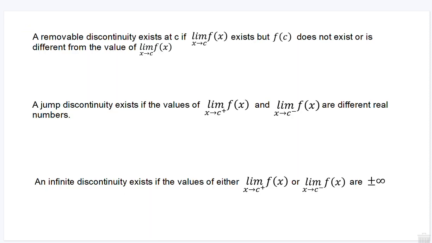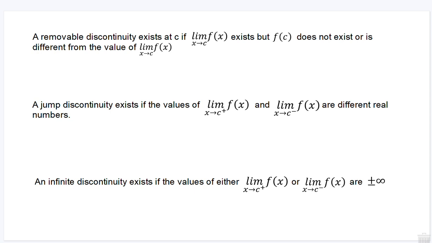So this is what I've got written down here. Same idea of what we just talked about. A removable discontinuity exists. Those are the two on the right that we had. It exists at c if the limit as x approaches c of f of x exists, but either f of c does not exist or is different from that value of the limit. And we have a jump discontinuity if the limit as x approaches c from the right of f of x and the limit as x approaches c from the left of f of x are different real numbers.